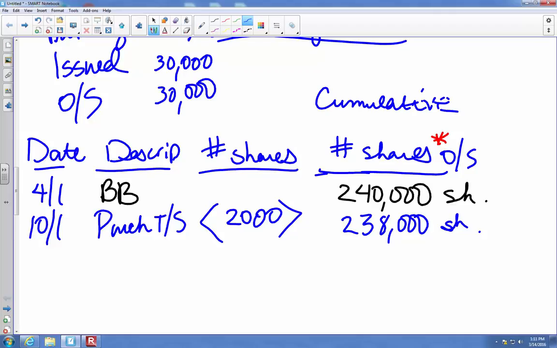So does everyone have that down? Now I've got 240,000 shares issued, and how many outstanding? 238,000. Because once I issue them, they stay issued. Outstanding means how many are out there with y'all.